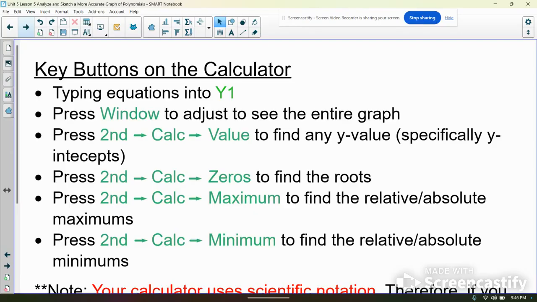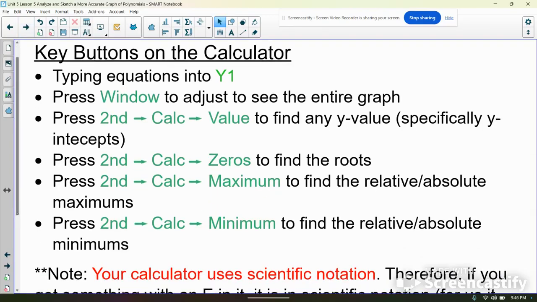When you press second calc value, that's to find any y value. We use this specifically for y-intercepts. Second calc zero helps you find the roots if your polynomial is not factorable or not already factored. Maximum finds your relative or absolute maximums. Minimum is to find the relative or absolute minimums. Both of these are considered turning points.